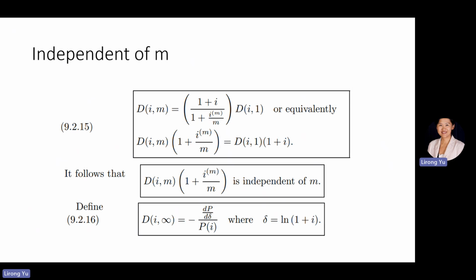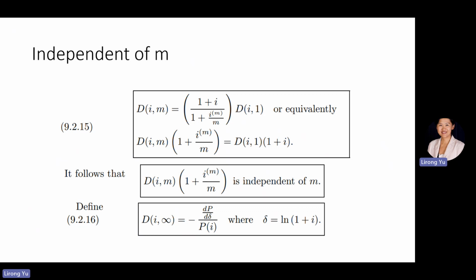All right, combine that into 9.2.4, we come up with 9.2.15. So then we end up getting D(i)^(1) times (1 plus i) equal to D(i)^(m) times (1 plus i^(m)/m). So D(i)^(m) times (1 plus i^(m)/m) is independent of m.